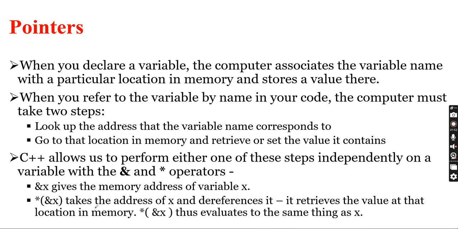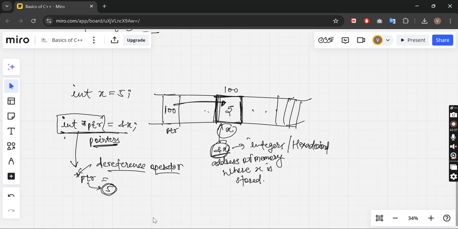Or if you simply say ptr, then it will give you 100, because ptr has stored 100 inside.